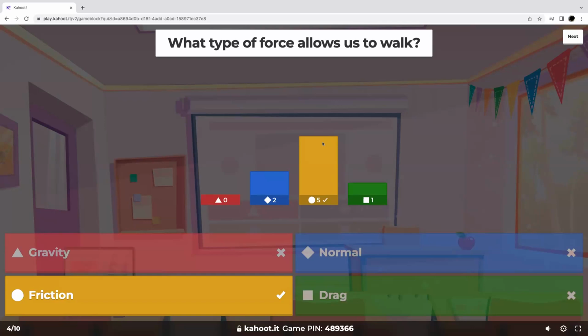Normal force is the floor pushing up on us, so that's not going to help us move forward. It might have a slight forward component, but that's not going to do much. The real one here is friction, because as our feet push back on the floor, the floor pushes our feet forward, allowing us to hold our place and then move our next foot in front and keep walking.